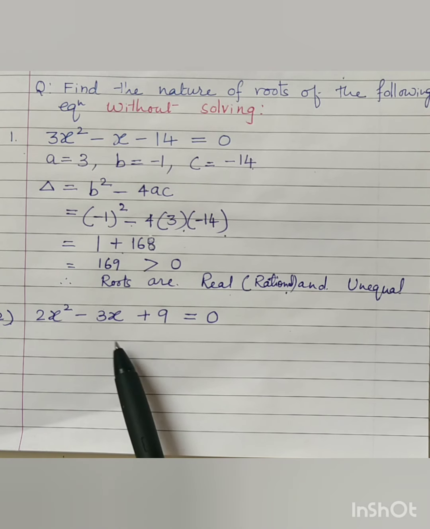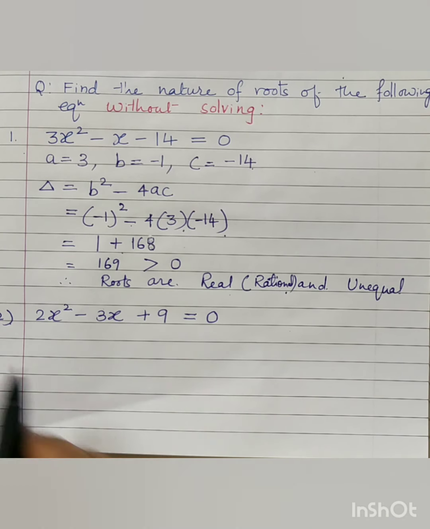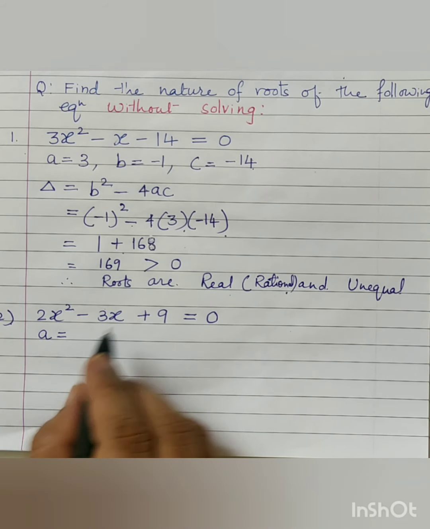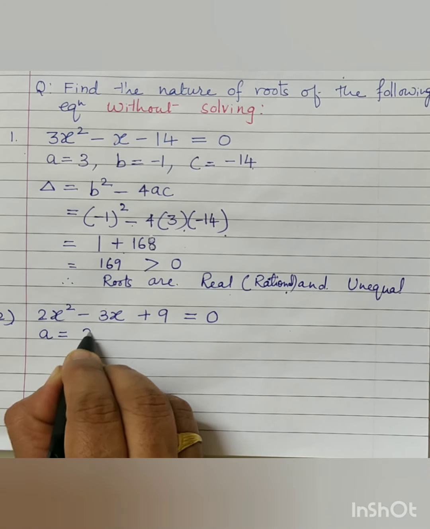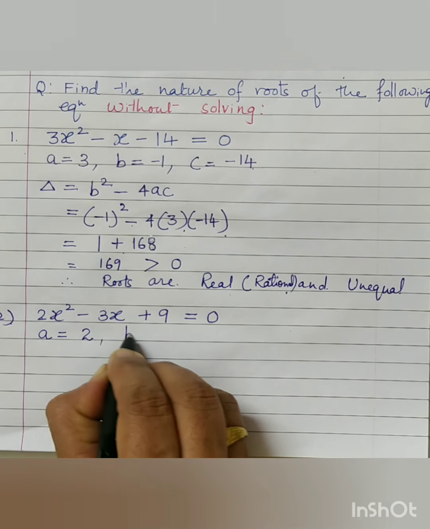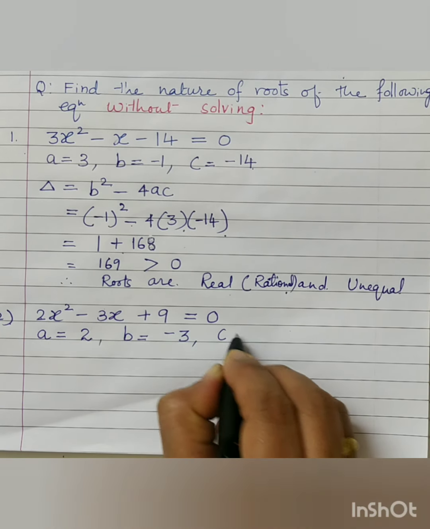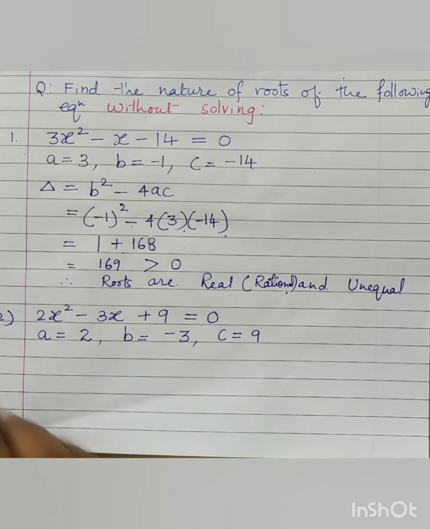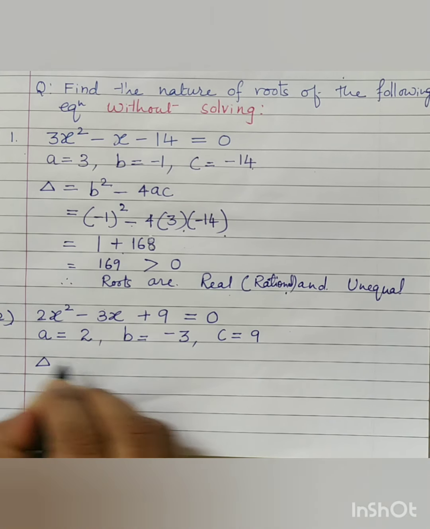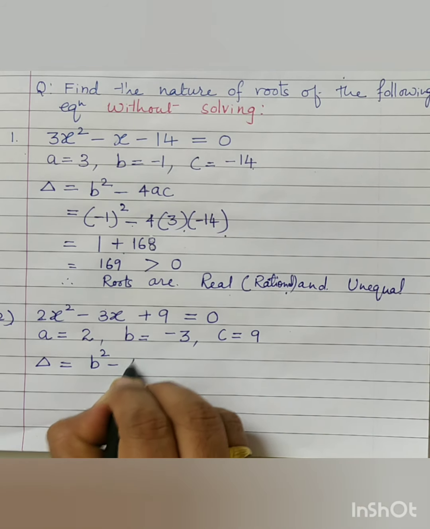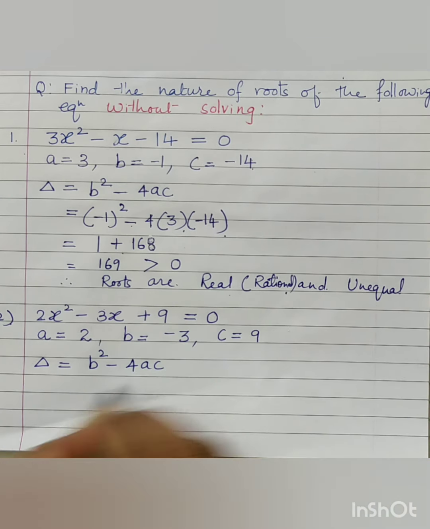2x square minus 3x plus 9 is equal to 0. On comparing with the standard form, what is the value of a here? 2, b is minus 3, c equals 9. We have to find the nature of roots, finding delta, which is b square minus 4ac.